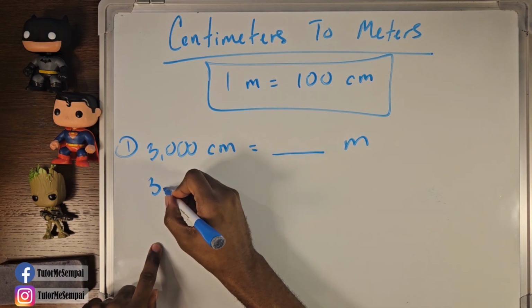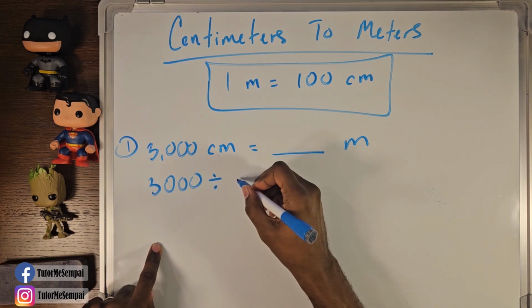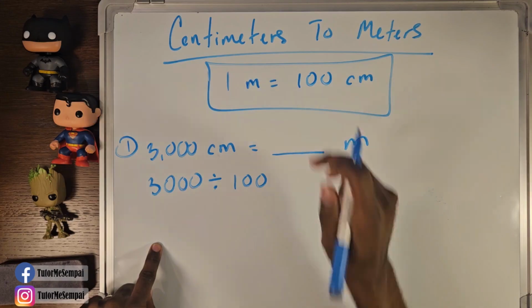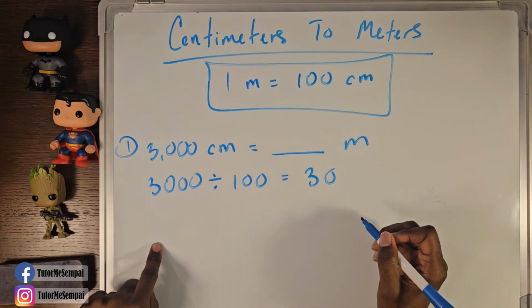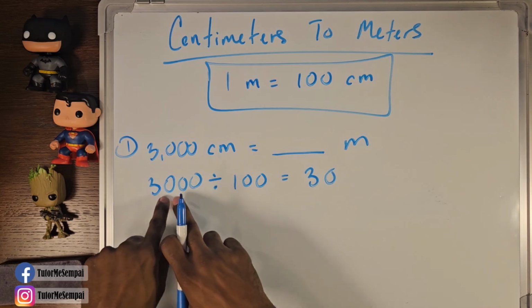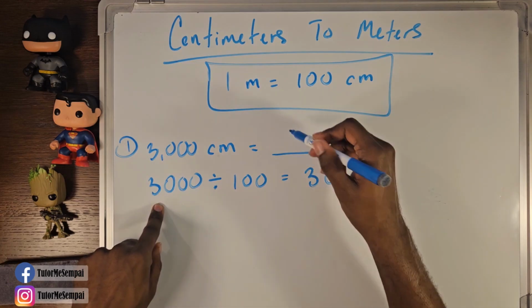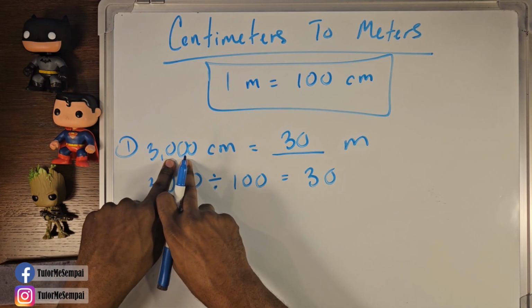So we first have to divide. We're going to divide our 3,000 by the 100 here. And when we do that, we get 30. That tells us that there are going to be 30 groups of 100 in our 3,000. So we have 30 meters when we have 3,000 centimeters.